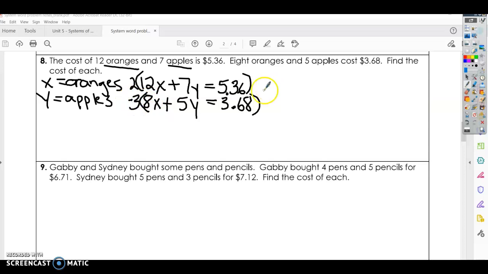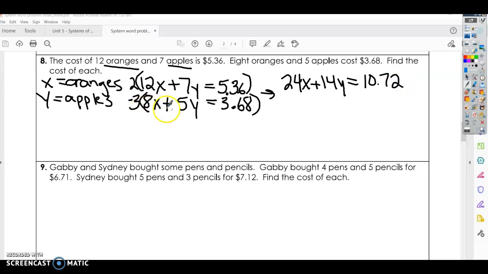All right, so I'm going to rewrite these equations after I multiply, and you're going to multiply the whole thing all the way across. So I'm going to have 24x. 2 times 12x is 24x. 2 times 7 is 14y. Equals, and I have to multiply the $5.36 by 2 as well, and that's $10.72.